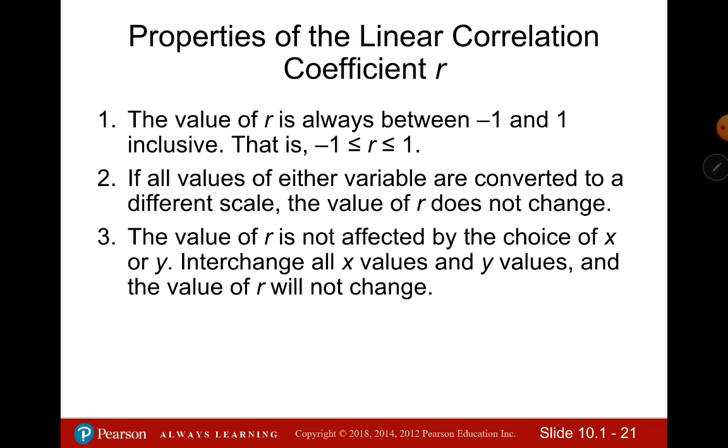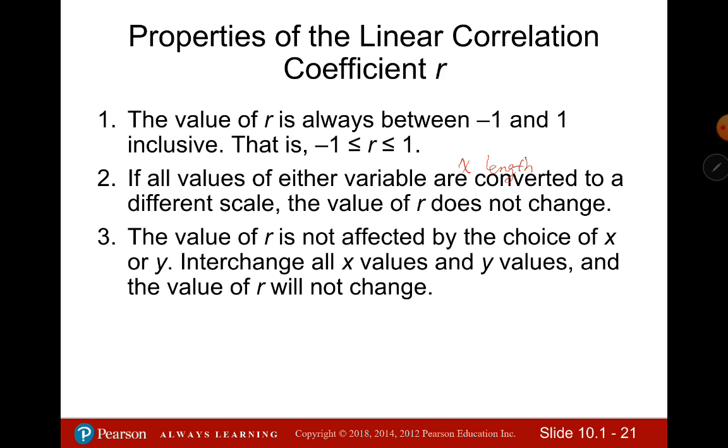Then the second property is if all the values of either variable are converted to a different scale. For example, if the first variable is the length, maybe first time I measured it in miles, okay?